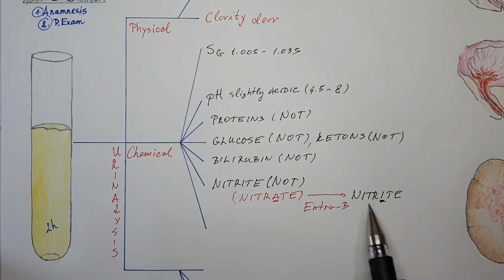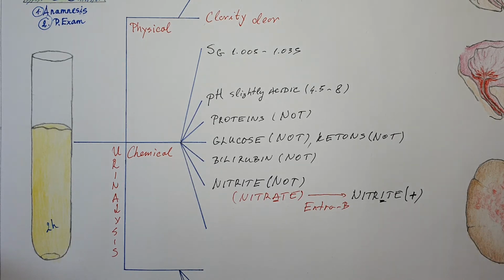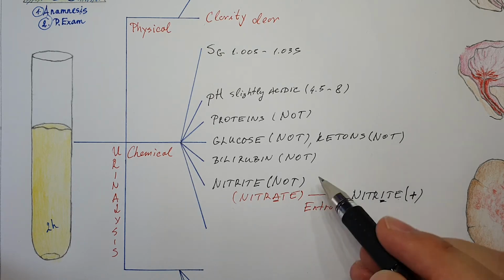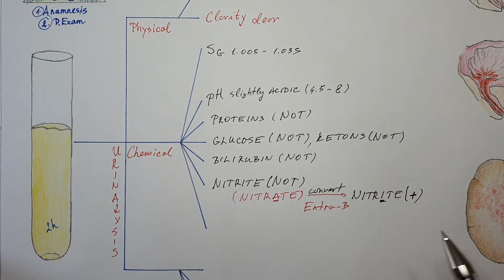And then when our urine becomes positive on nitrate, we can assume that we have a bacterial infection with a bacteria that can convert this product into nitrate. But if we have a negative nitrate, it doesn't mean we have no infection, because there are other bacteria that don't make this reaction happen. So some bacteria do convert this product into this product.